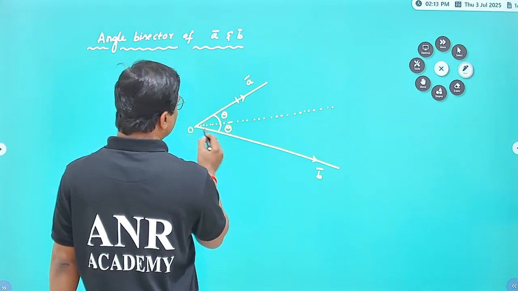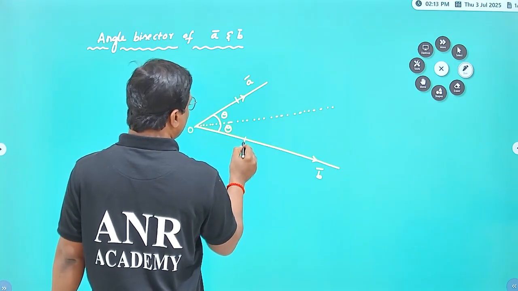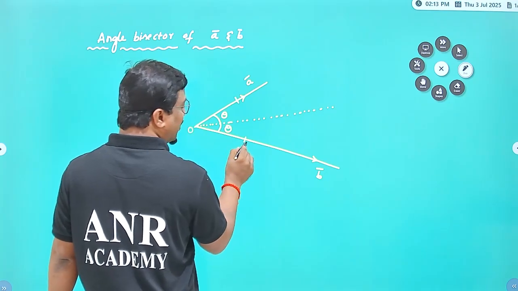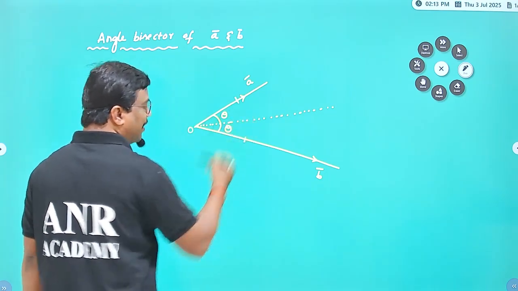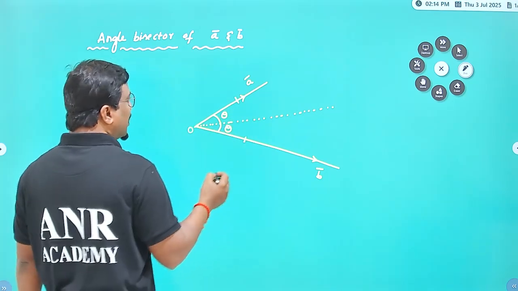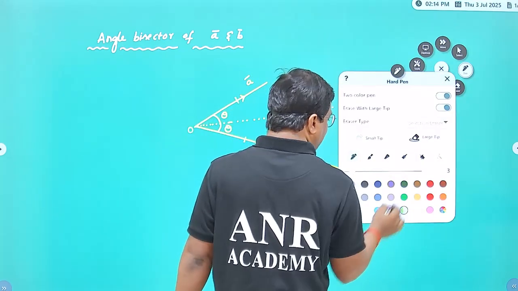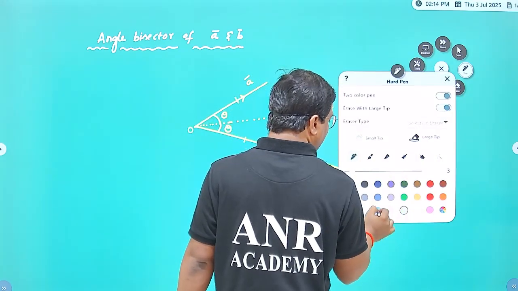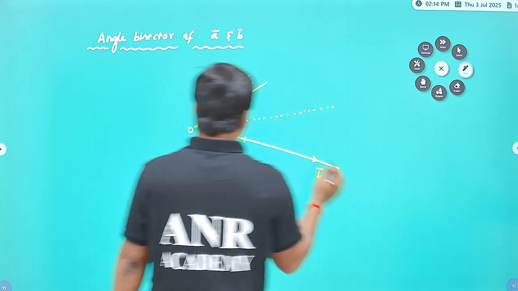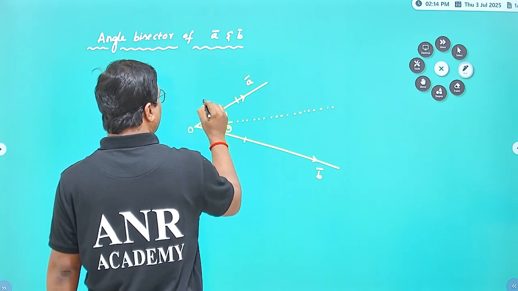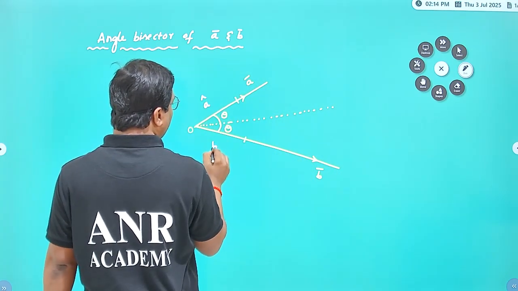Then what happens, observe. Suppose that this is one unit vector along B and this is one unit vector along A. You know that unit vectors are denoted by A cap here and B cap here.